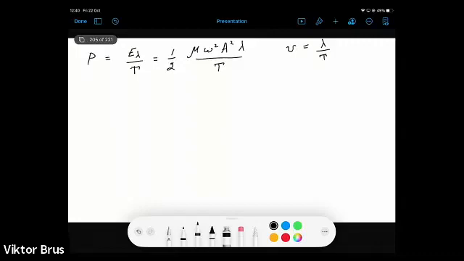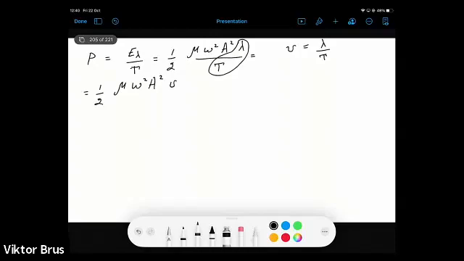So instead of this lambda divided by T, we can substitute the speed of wave propagation. That's why it will be equal to 1/2 times mu omega square A square times V. So what do we see from here?